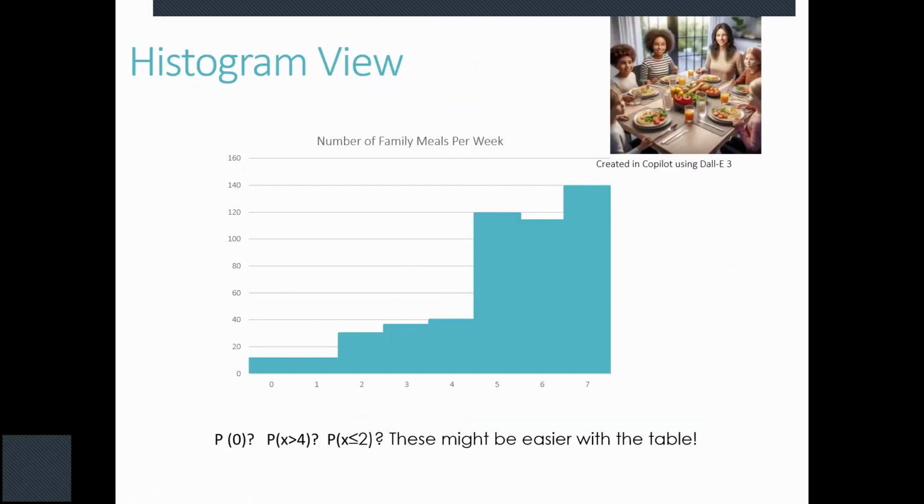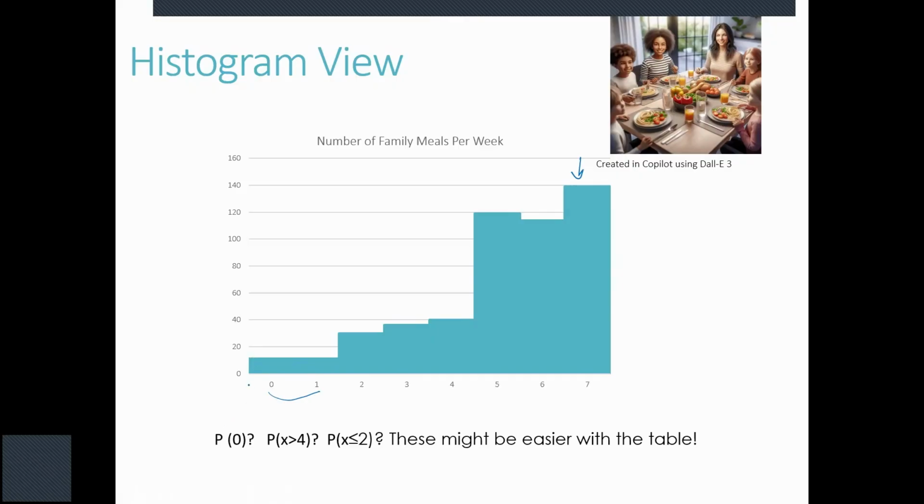Since this is numeric, we could actually make a histogram and look at this. You can tell a couple of things from the histogram. First of all, the most frequent category is 7 days a week because it's got the highest frequency here. And the lowest categories are 0 and 1. It looks like those are exactly equal.